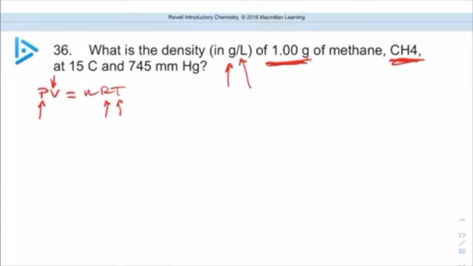That's a skill that we learned right off the bat in doing chemical calculations. So 1 gram of CH4, and the mass of CH4 is 16.05 grams per mole.